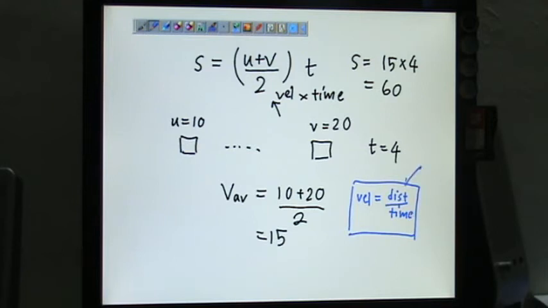So if you want to find distance, we take velocity times time. But we need to use this appropriately. This is the appropriate way to use the average velocity. So we are introduced to average velocity being u plus v over 2.